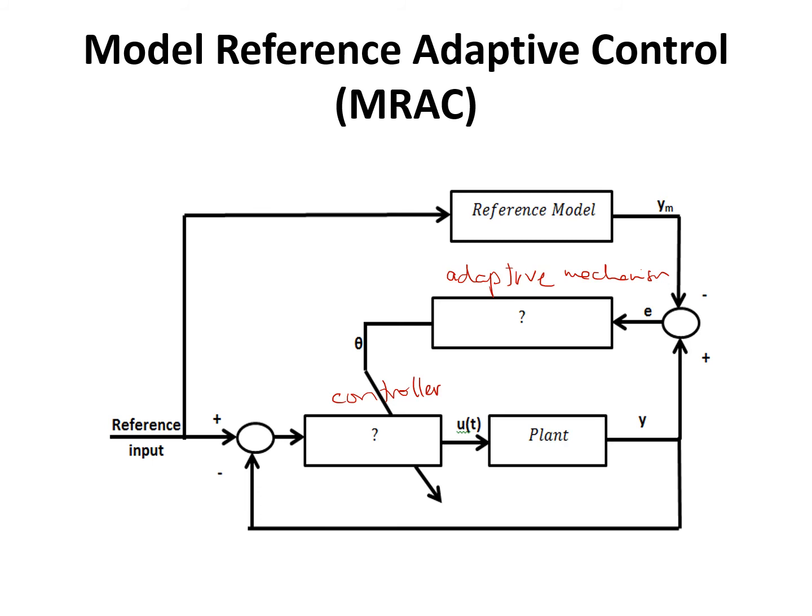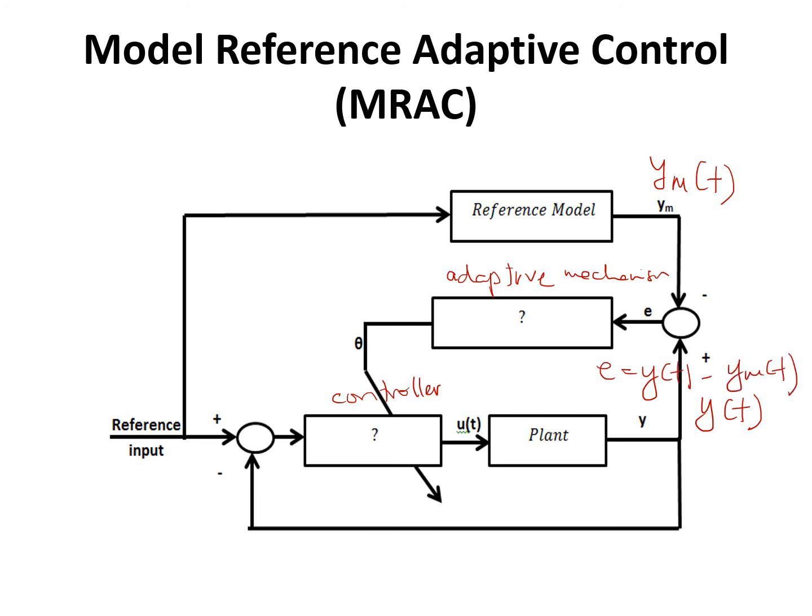So ym(t) is the output of the reference model, while y(t) is the output of the plant. The difference between the plant and the reference model is the error. Error is equal to y(t) minus ym(t).